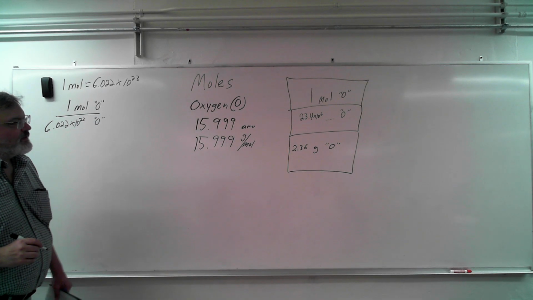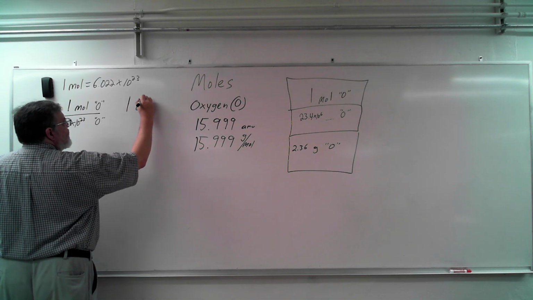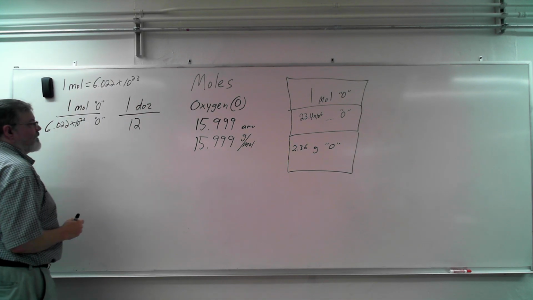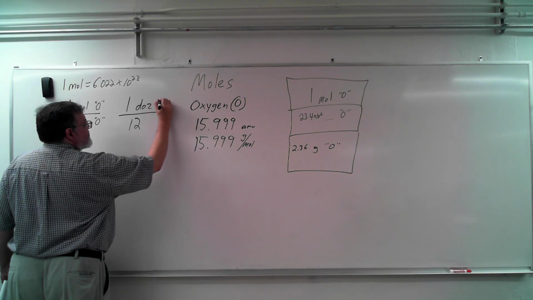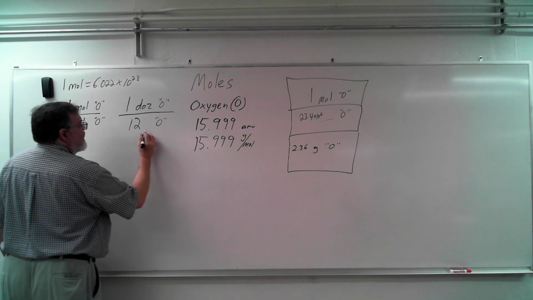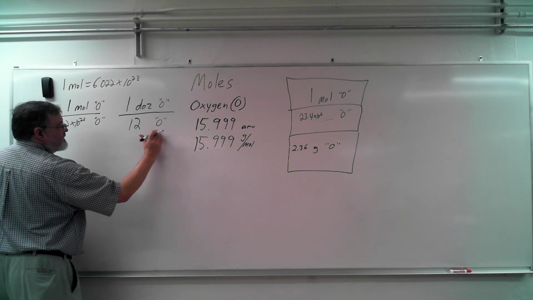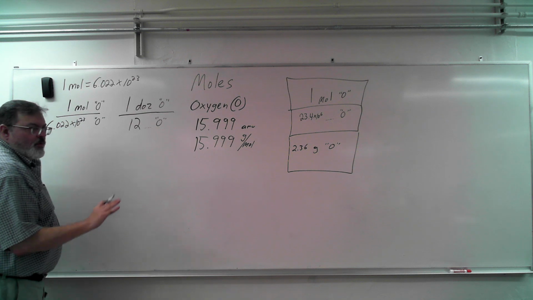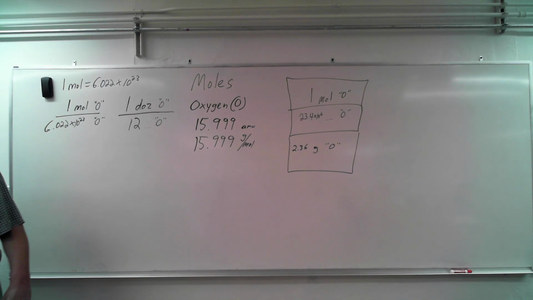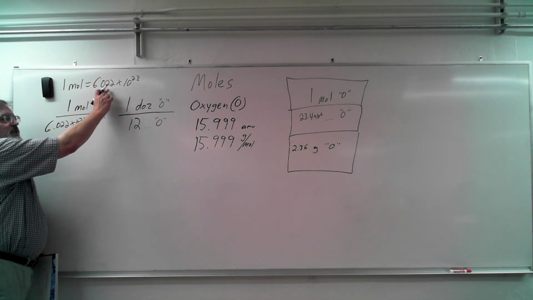So let me put it like this: 1 dozen equals 12. If I wanted to do oxygen atoms, I would have a label. But again, notice numerical value, unit, label, but this doesn't have a unit. And I want you to notice that because it'll help you decipher questions, when you need to use this number and when you don't.